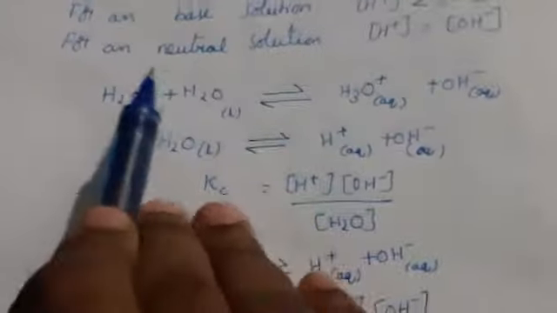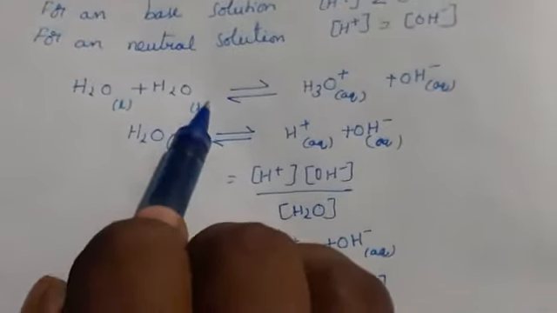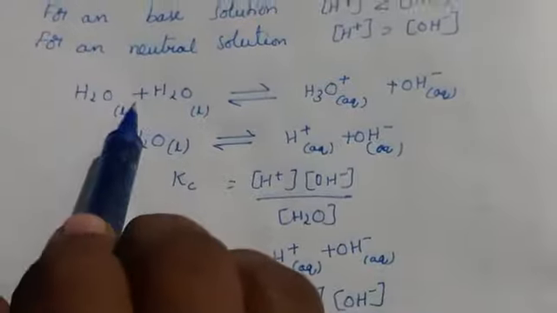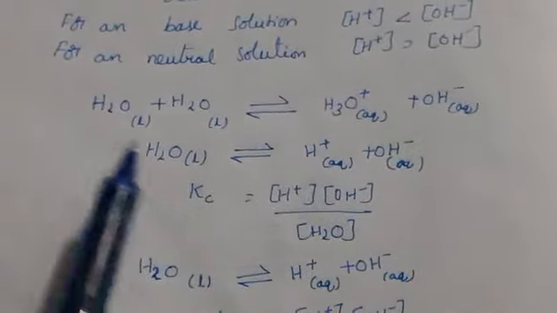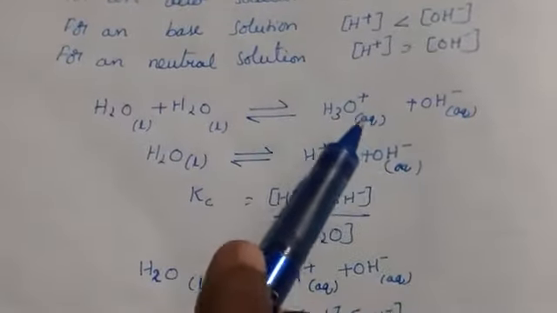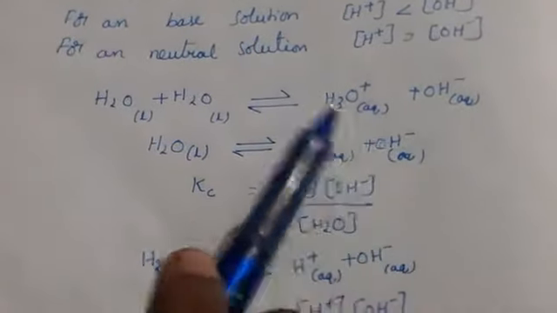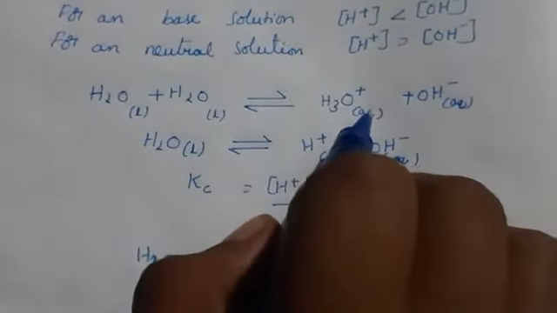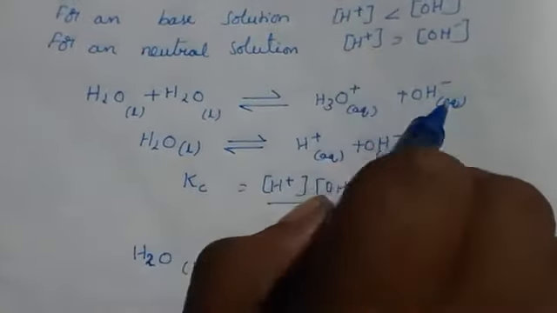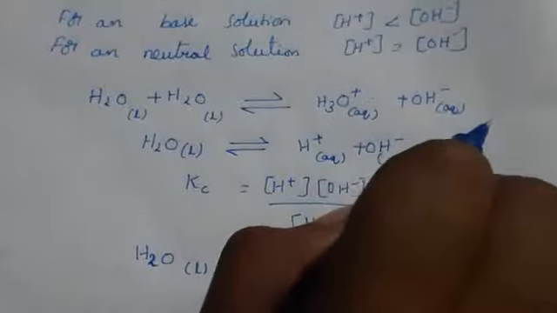Now let us see: I am taking H2O and H2O, two molecules. When you take two molecules, it gives hydronium ion and hydroxyl ion, where H3O plus indicates the hydronium ion and OH minus indicates the hydroxyl ion.